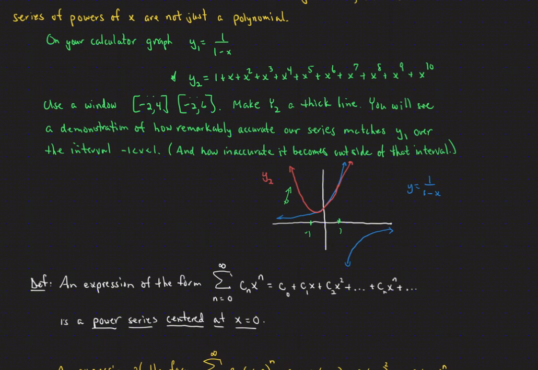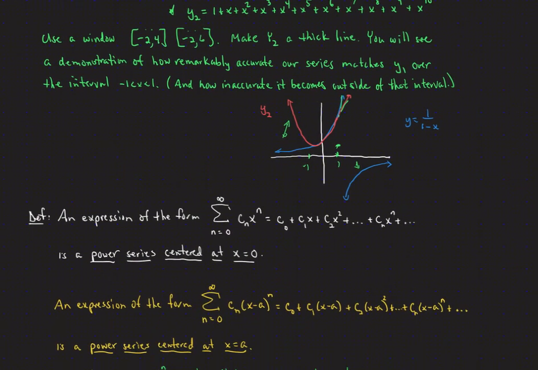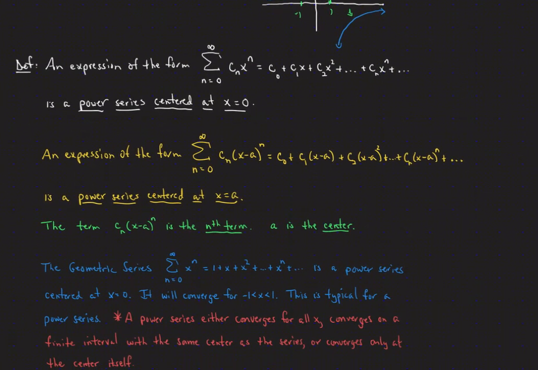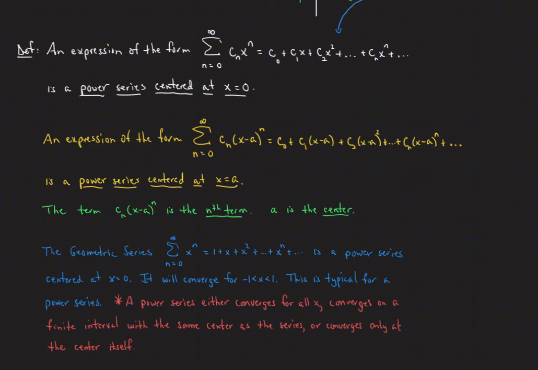That's why you need this thick line, because it's almost a perfect fit for the original y equals 1 over 1 minus x until you get to that boundary of 1. And then if you go up far enough, they'll start to separate. The further you go, it separates even more, because you can see the curve is really down here now, and ours is still the red. So this is pretty remarkable, but you can see just how amazingly well that polynomial approximates that function.